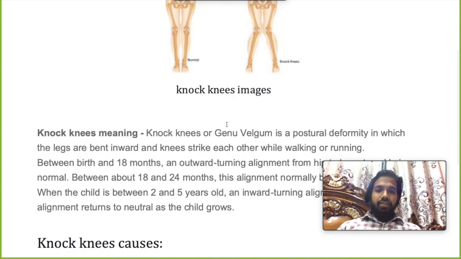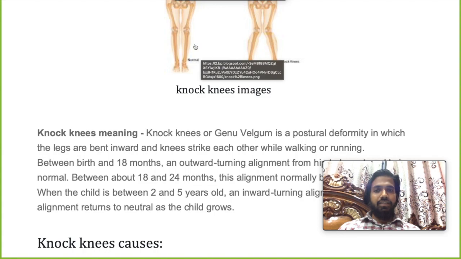Knock knee is one of the common postural deformities, and students who appear in defense examinations or go for medical examinations are checked for whether they have knock knee or not. You can see in the picture, the first picture depicts the normal position. The alignment is straight, and your knees are straight.